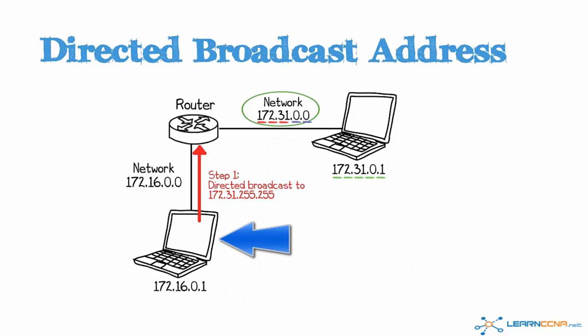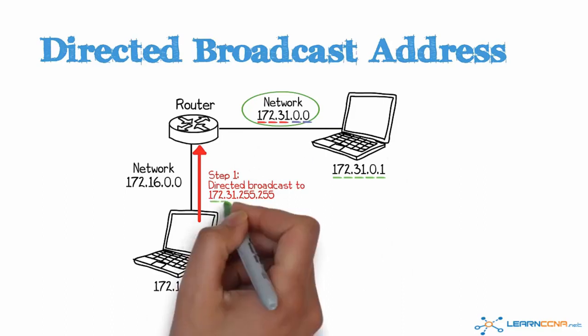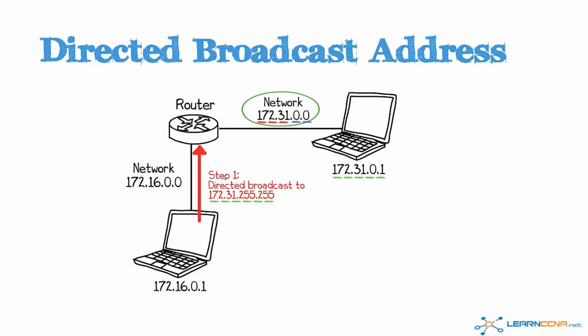This device is sending a directed broadcast to 172.31.255.255 using a hacking tool such as Smurf as an example. In other words, it's sending a broadcast to this subnet 172.31.0.0. Now, a router or switch configured to forward directed broadcasts will forward that directed broadcast to network 172.31.0.0, and all devices on that subnet, including this device 172.31.0.1, will receive that broadcast.